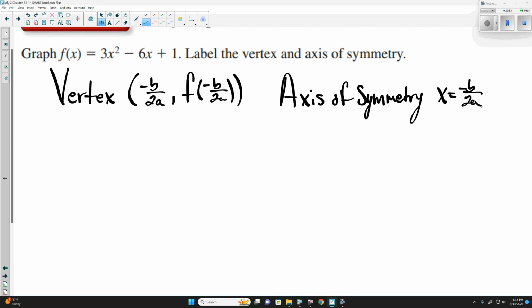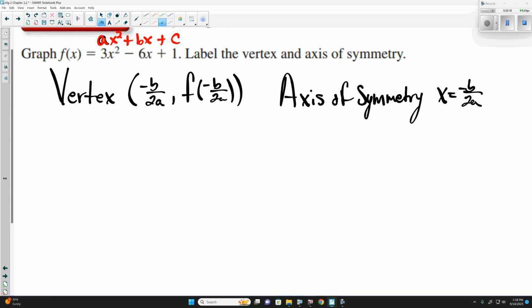Now, all this here in this equation is being related back to our ax squared plus bx plus c. Looking at this formula here, what is the value of a? A is the number in front of x squared. 3. You're good.